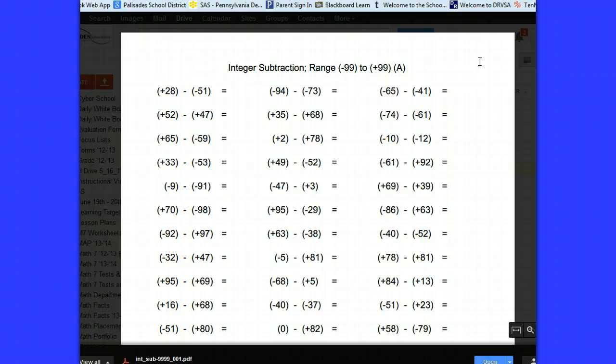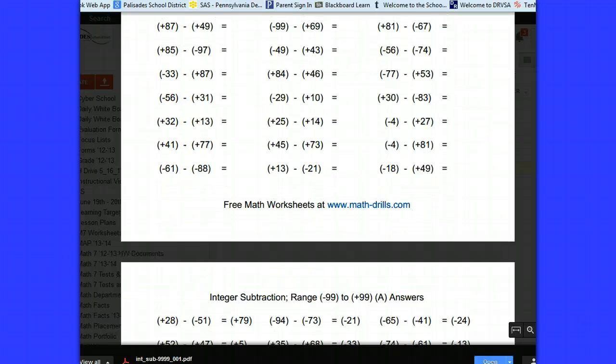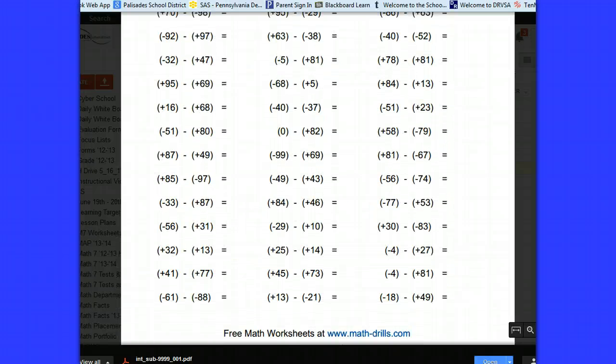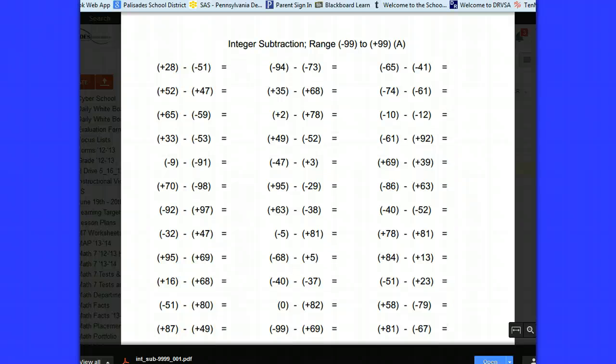Today you're going to be working on a few problems on subtracting integers, and I have the answer key that I will provide below, so you'll be able to check how well you understand how to subtract signed numbers.